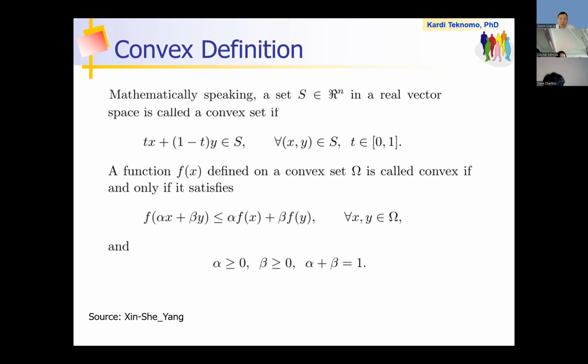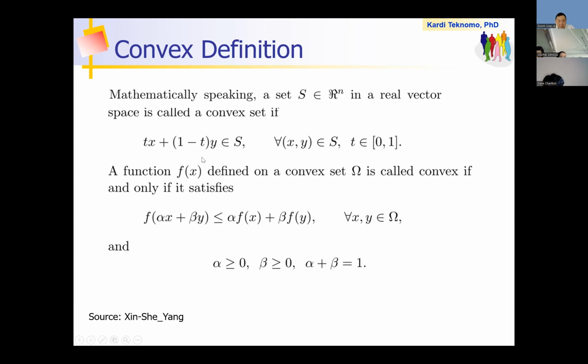So I've been talking about convex. What is the meaning of convex? Mathematically speaking, if you have a set S in the real number space of n dimensions, we call it convex when we can form this value: if you have two points x and y in S, then you can put the parameter t between 0 and 1, so this one is t and this is 1 minus t, so that the total is 1.